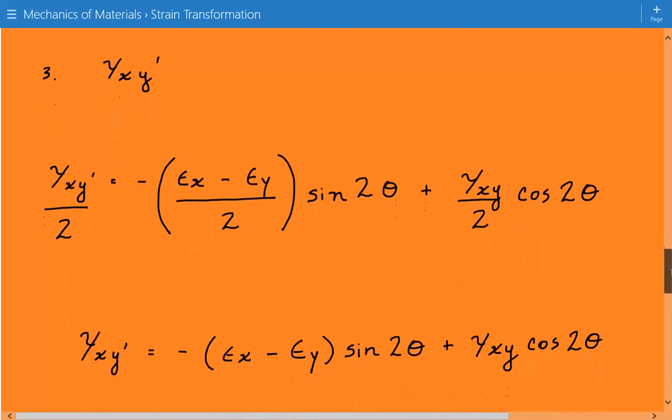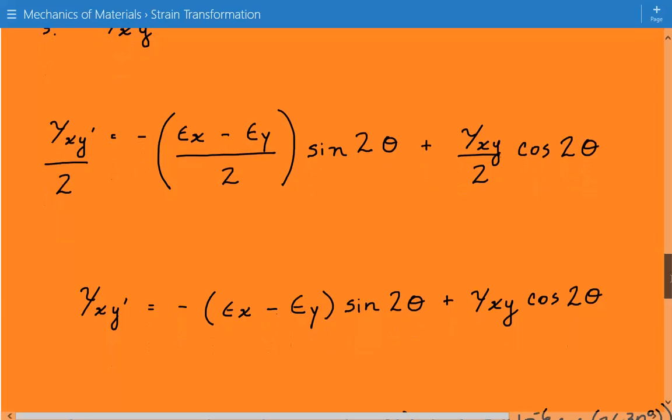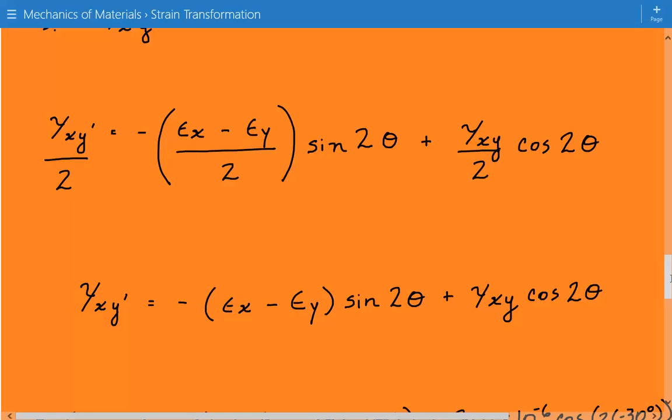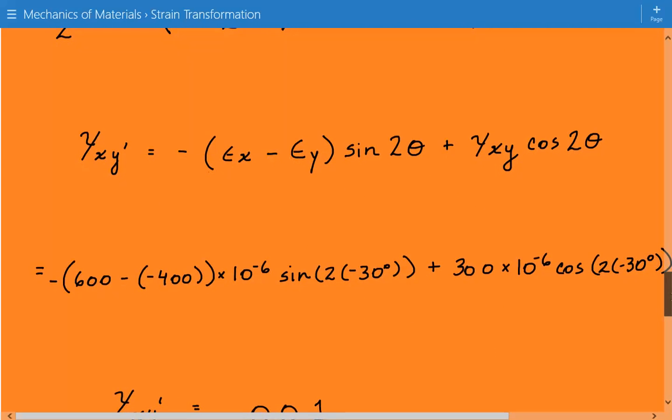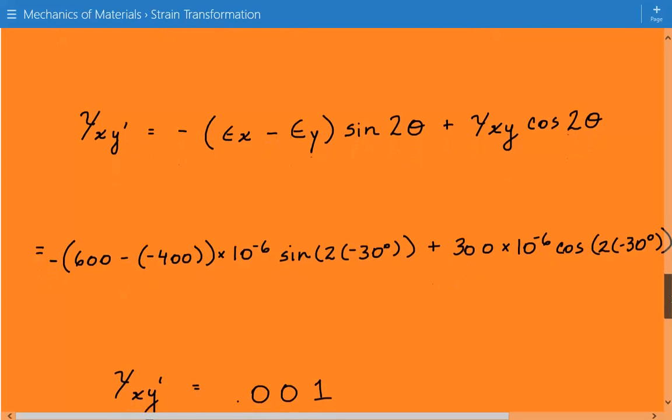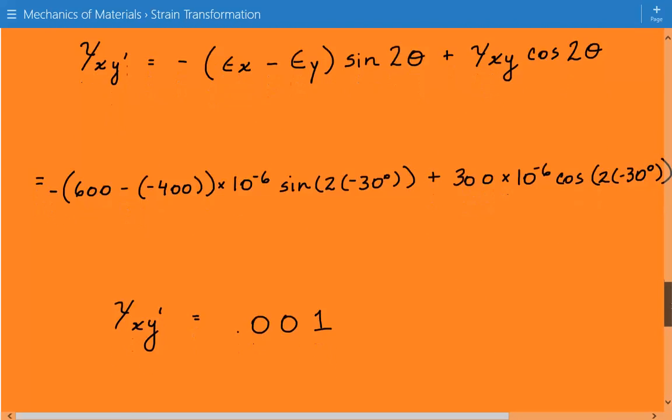And I just simplified it even further. I multiplied the whole equation, the left and right hand side, by 2. And then finally we just plug in the numbers. So the transformed shear strain is equal to 0.001.